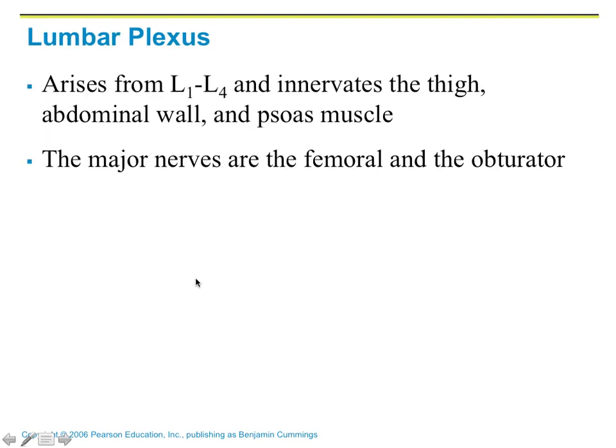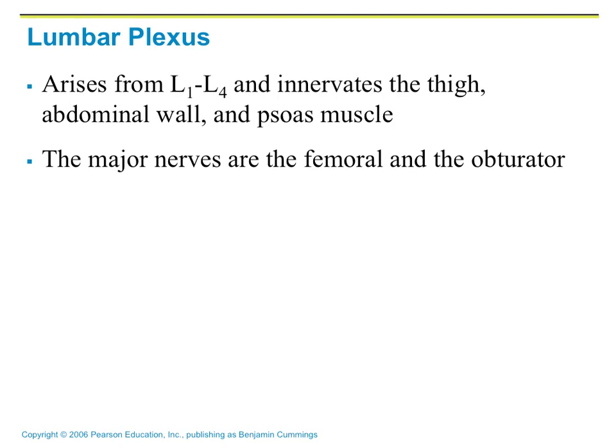Now let's take a look at the lumbar plexus. The lumbar plexus is made from the nerves of L1 to L4. The lumbar plexus innervates the thigh, abdominal wall, and psoas muscles.